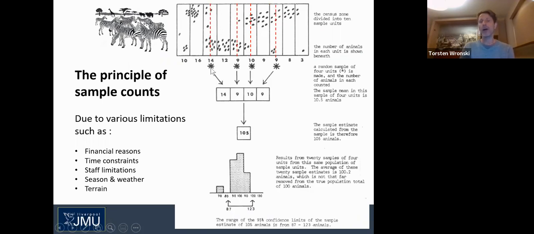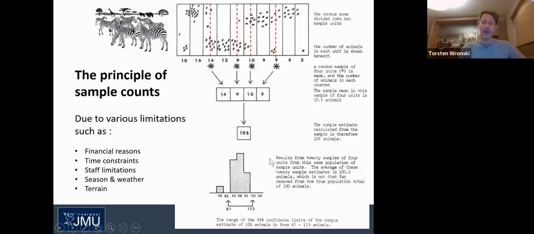In the first one, we counted 14 animals, in the second one, 9, in the third one, 10, and in the last one, again, 9. Taking the mean of these counted numbers, we will get 10.5 animals per subsample. If we extrapolate that to the total study area, we need to multiply it by 10 sub-areas, and we will have an estimate of about 105 animals in our study area.